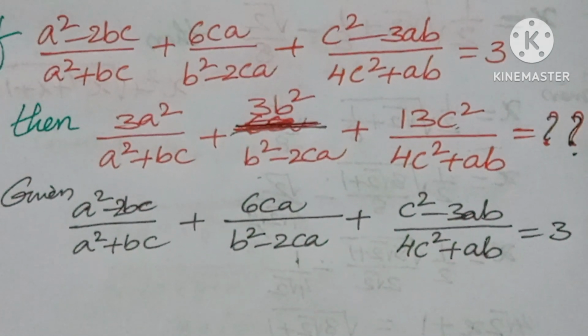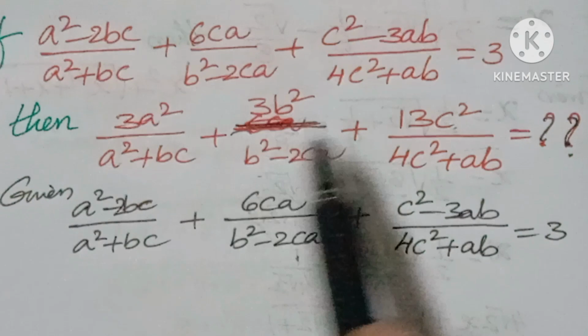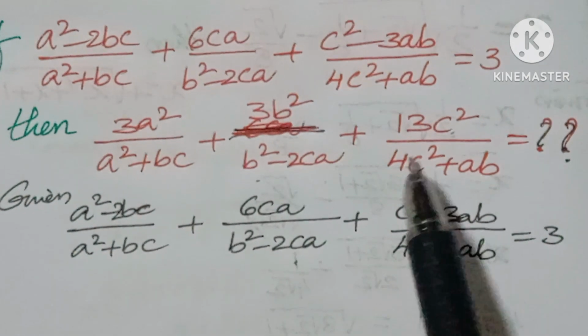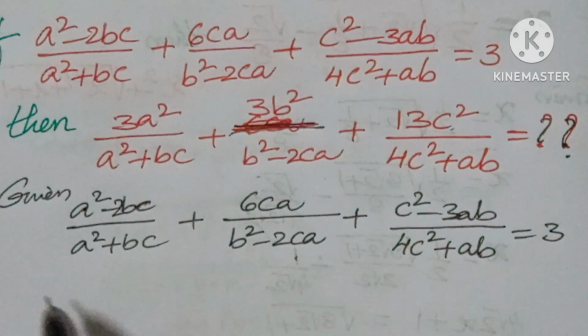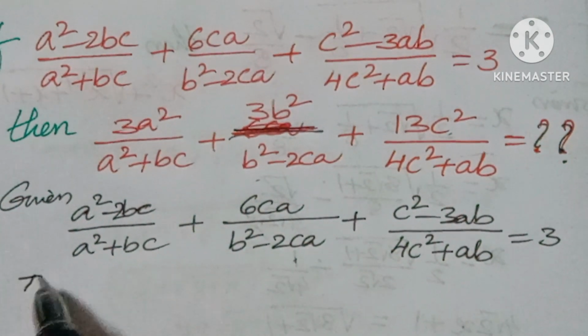Now here he is asking to find 3a square plus 3b square plus 13c square. The denominators are the same. So here is the trick you have to use.